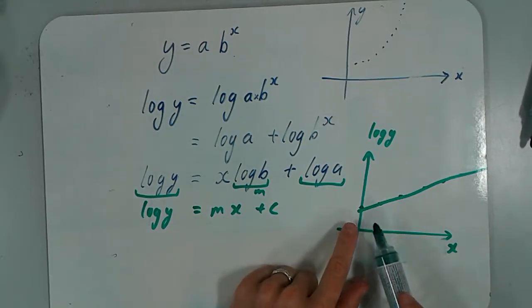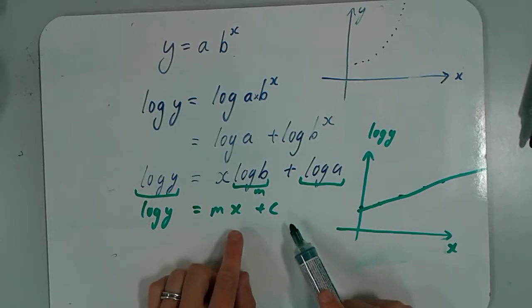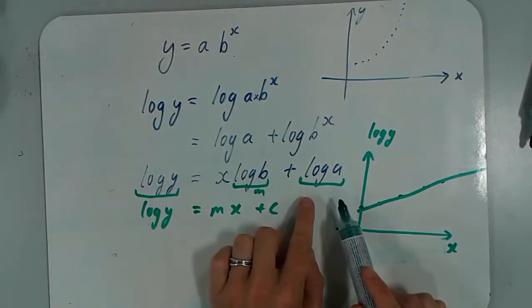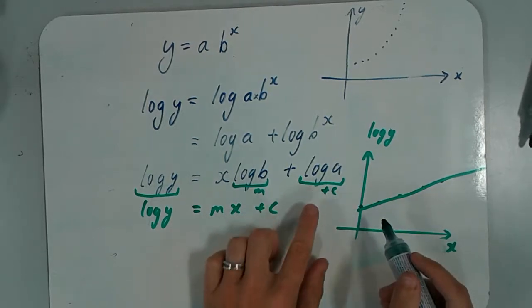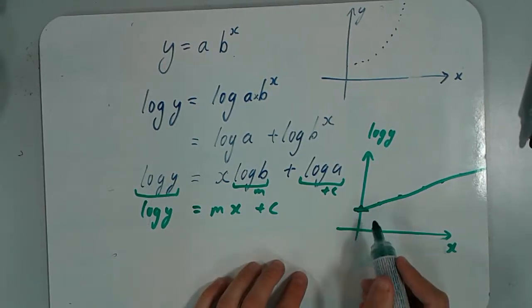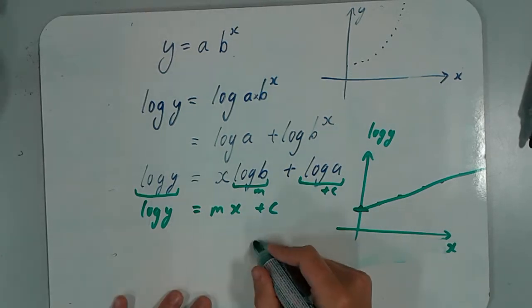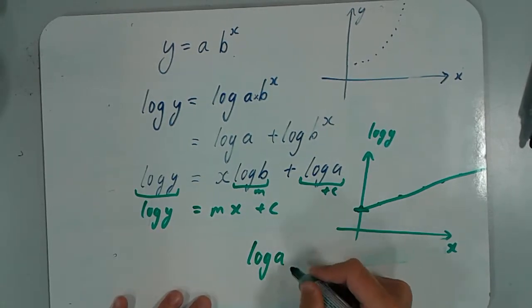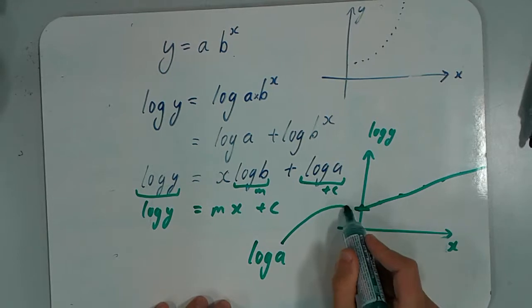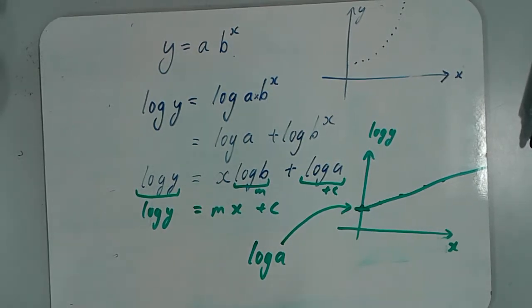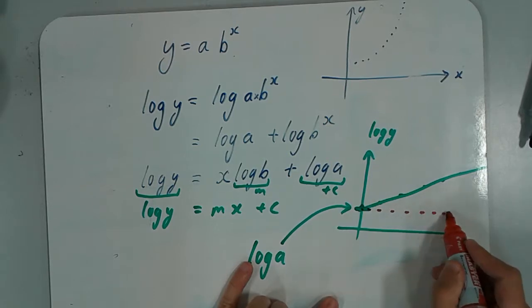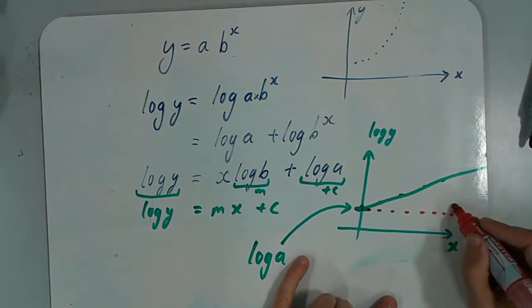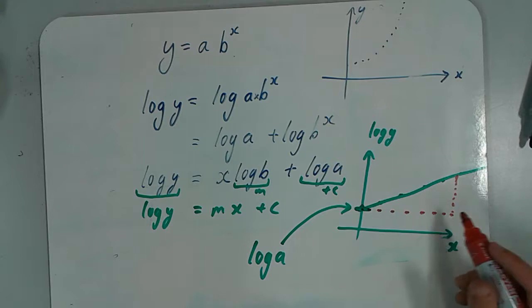Now we draw parallels between y equals mx plus c and the function that we've derived here. This is our plus c. We know that the y-intercept would be log a. Similarly, if I look at the gradient of this line, remember you want to be accurate here, so you want the biggest triangle possible.